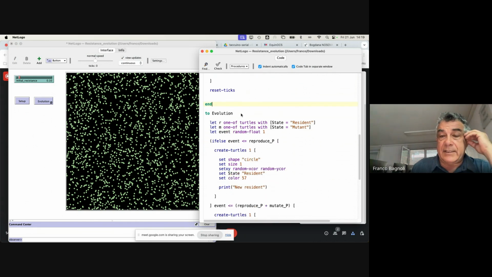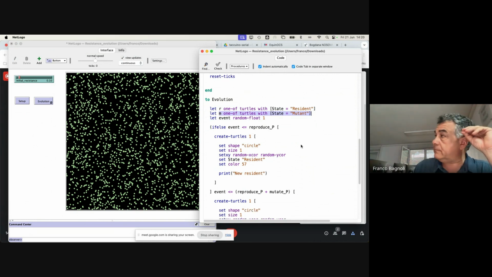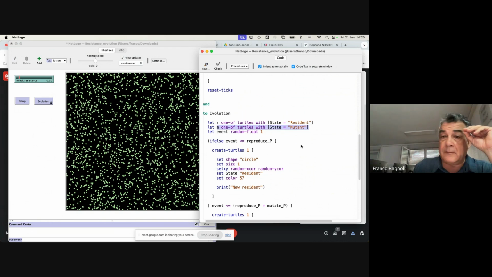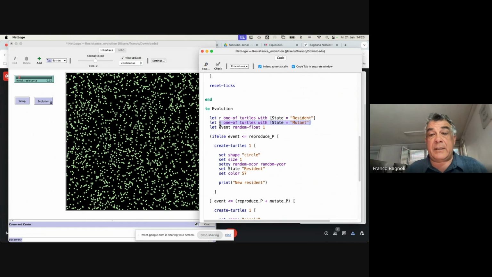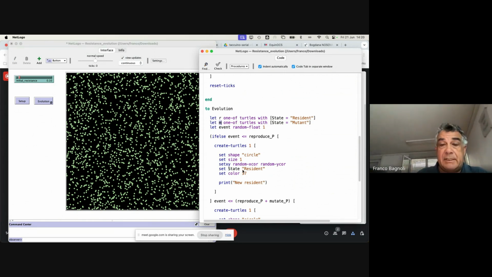Okay, then evolution. You take one turtle with the state equal to resident, one with the state equal to mutant. For the moment, we have none. I think maybe it can make an error if there is no mutant at the beginning. So we have to keep in consideration this possibility.